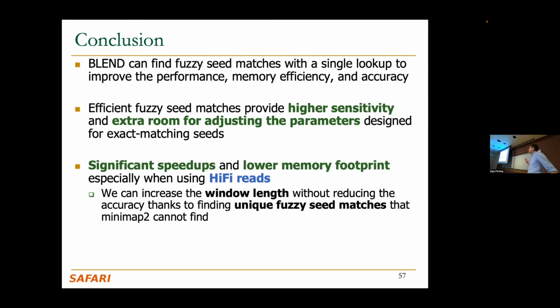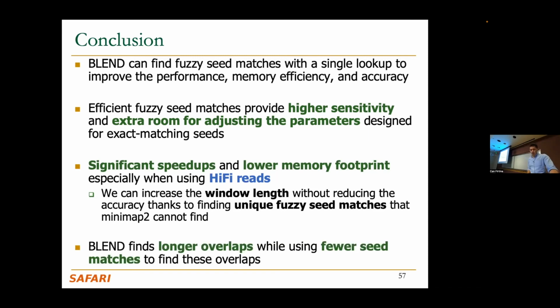So there is a need for developing special tools, specially designed for hi-fi reads that are recently coming. We need to rethink how we're generating those seeds, how we're performing the alignment and read mapping specifically for hi-fi reads going into the future. And another thing is that Blend finds longer overlaps while using fewer seed matches to find these overlaps.